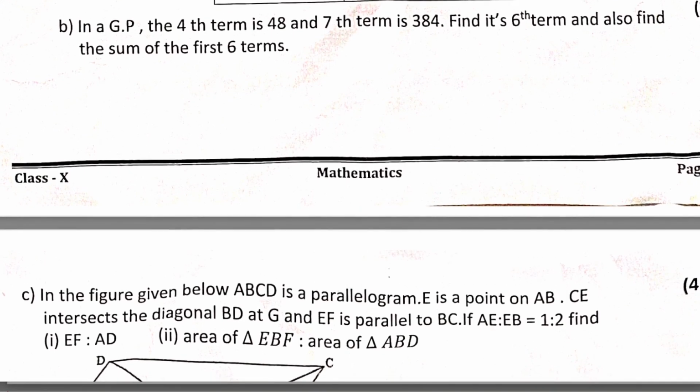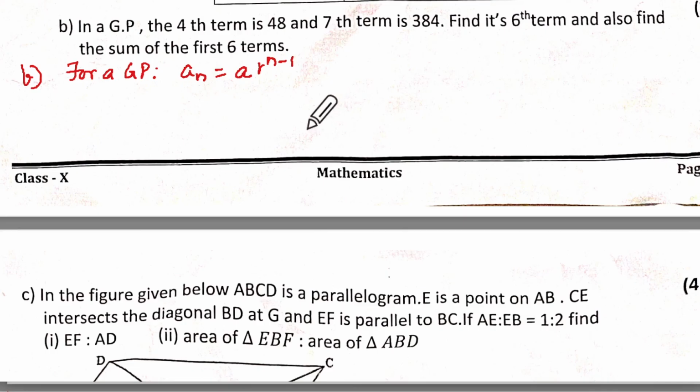Yes, ma'am. For B, this is again 3 marks. For the GP, 4th term, 7th term, you have to first write for a GP, the numbering as it is there. For a GP, AN is equal to AR to the power n minus 1.